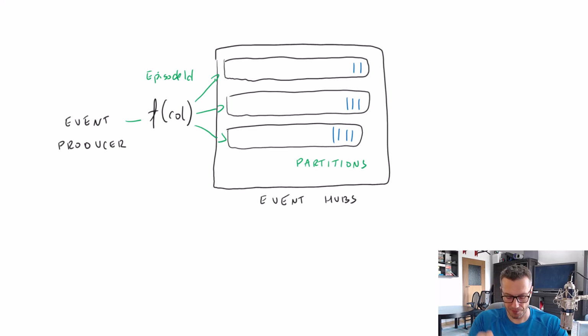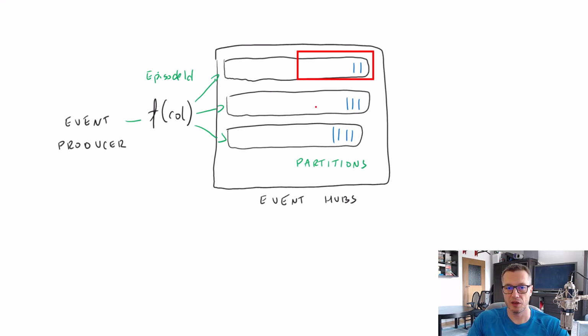So if we do this, then we have a guarantee that events for the same episode would be available in the same partition. So for example, we are sure that events for episode, let's say 23, would be stored on this partition and none on another.